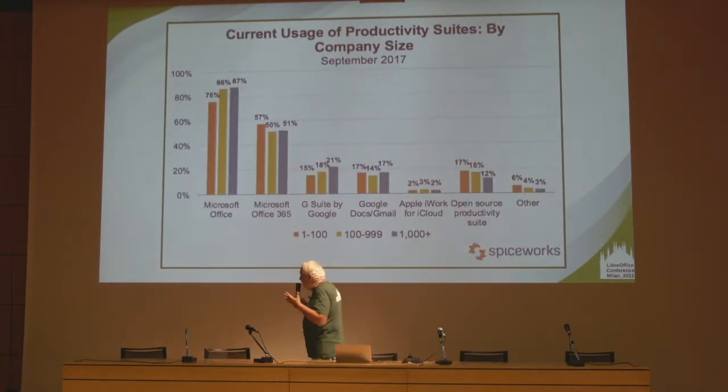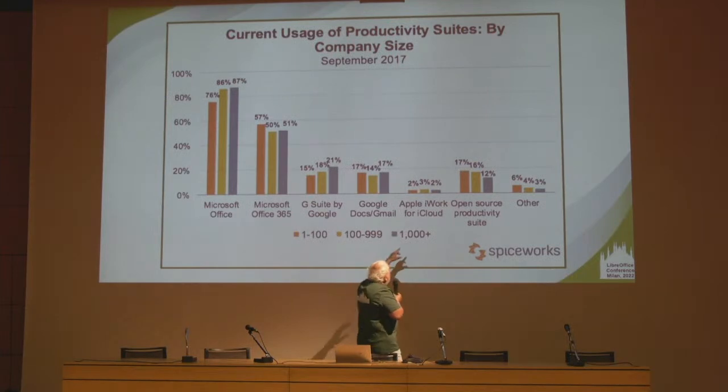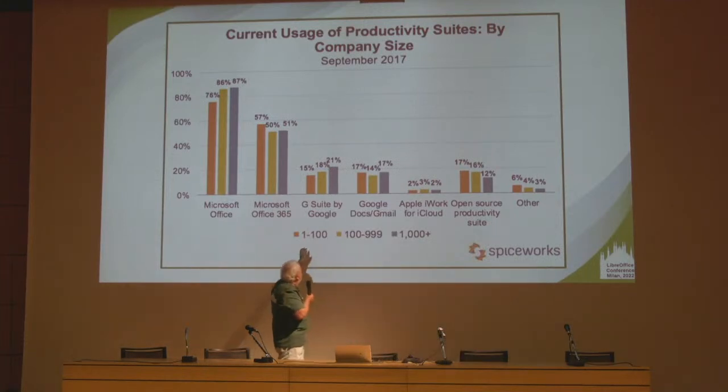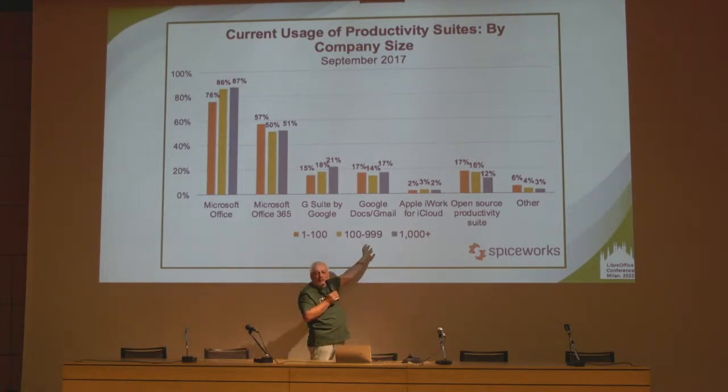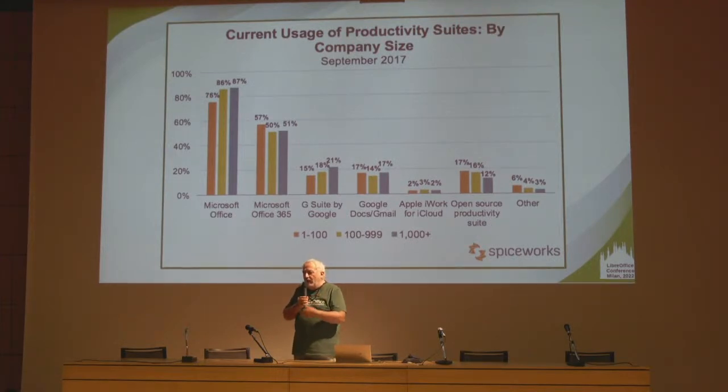Size of the companies. These are the percentages, but you see we have a bigger opportunity. The smaller the company, or let's say the mid-size the company, the bigger the opportunity for us. Large companies, of course, have more difficulties. We all know that migrating 100,000 desktops is not a trivial task.